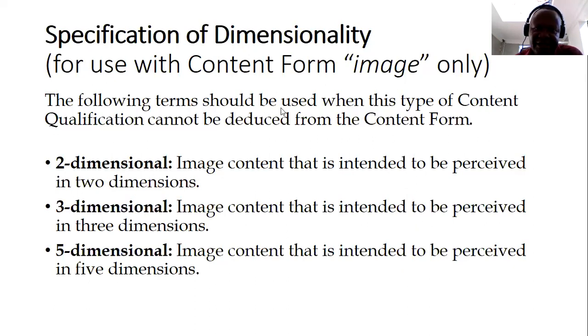So the following are the terms that are available. We have the 2-dimensional, 3-dimensional, and 5-dimensional. So for 2-dimensional, these are image contents that is perceived to be seen in 2 dimensions. 3, it is 3 dimensions, and 5 is one which can be seen in 5 dimensions.